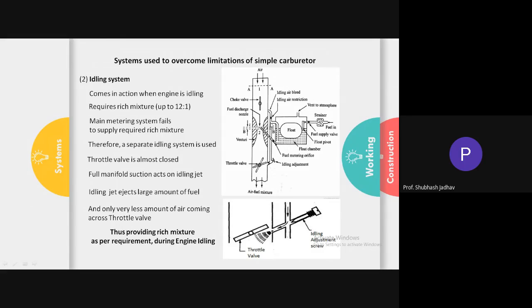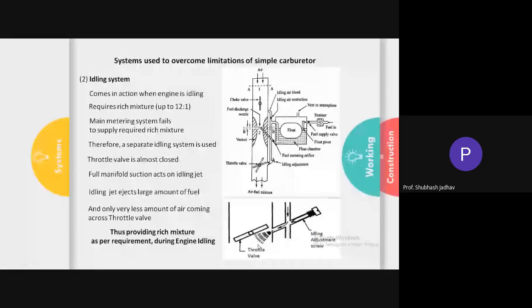So the atmospheric fluid, that is fuel. Fuel is coming in, air is coming in, and that mixture comes out through the idling jet, and a very small amount of air comes through this. We are getting some amount of air and fuel sucked through the idling jet, and it is ejected through the idling jet below the throttle valve on the engine side.